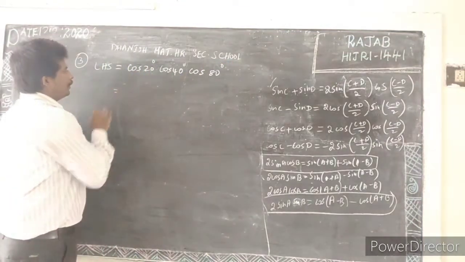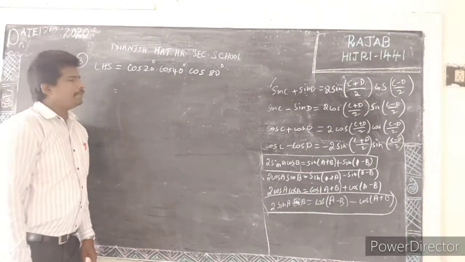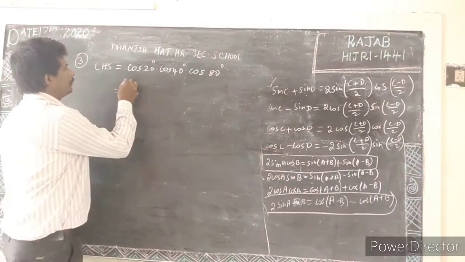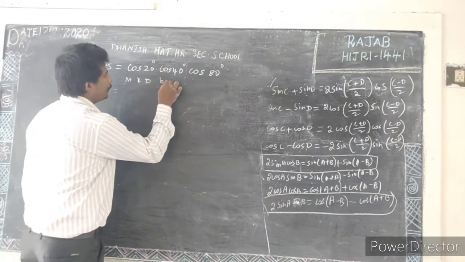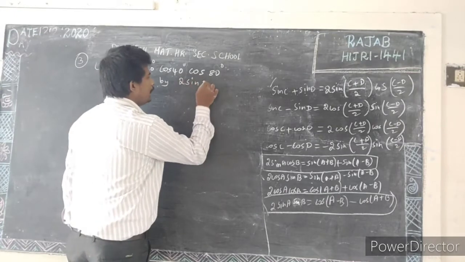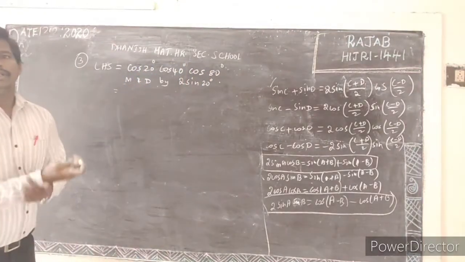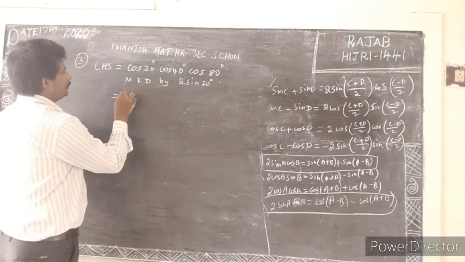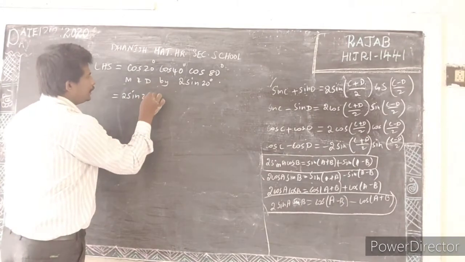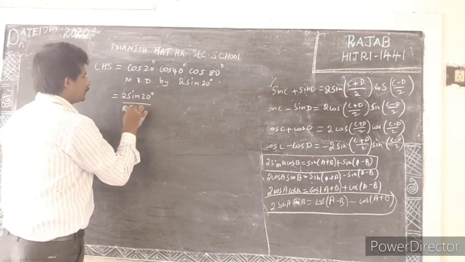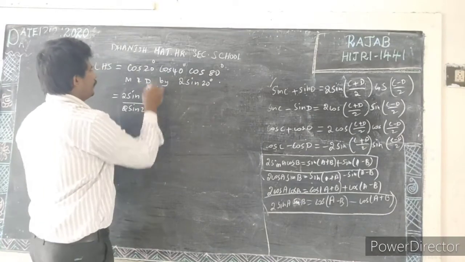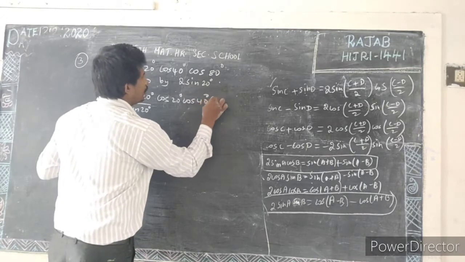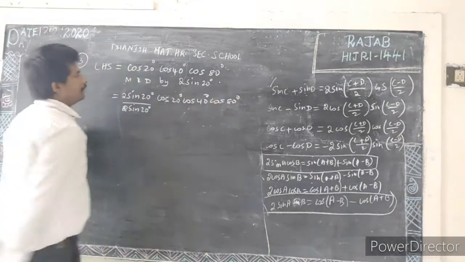Now, here I am going to multiply and divide by 2 sin 20 degree. So what will happen? 2 sin 20 degree by 2 sin 20 degree into cos 20 degree, cos 40 degree, cos 80 degree.